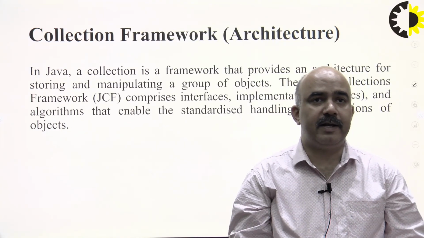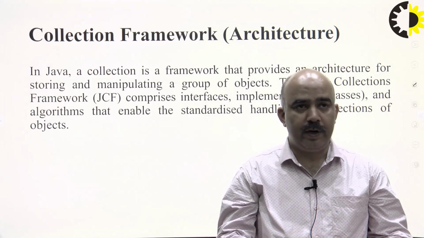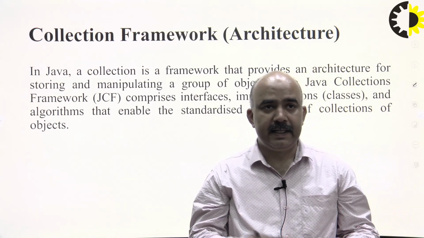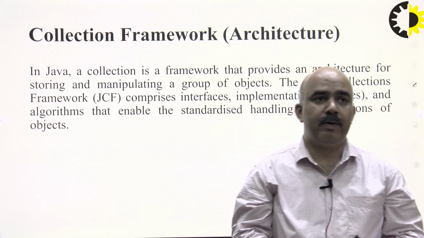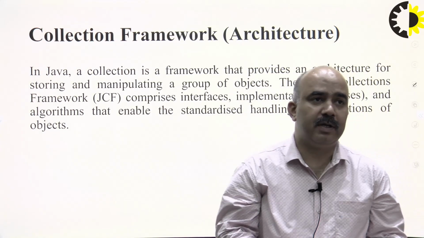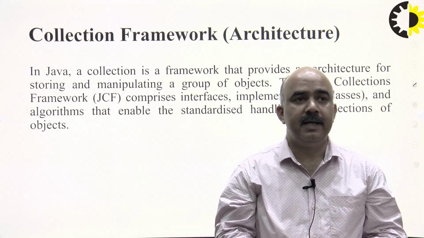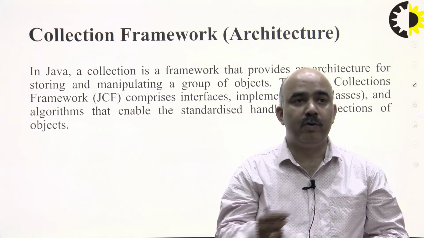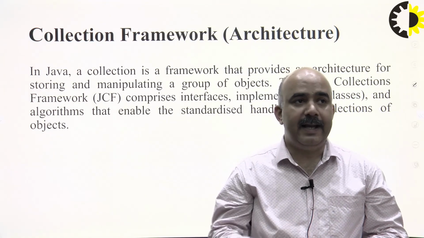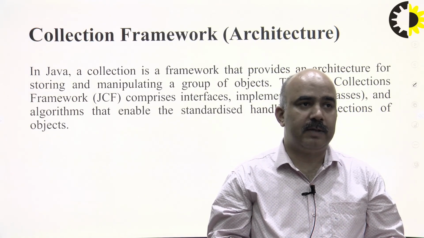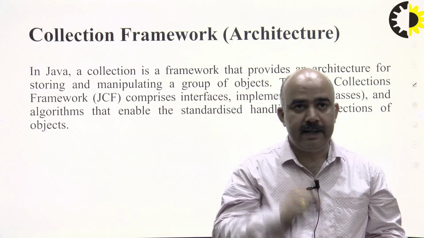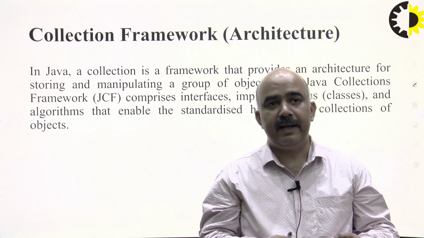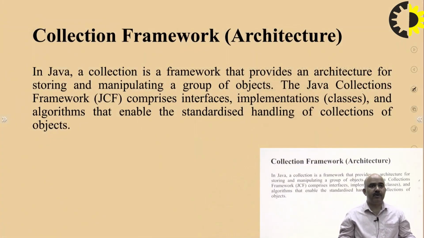which provides an architecture for storing and manipulating a group of objects. The Java collections framework basically comprises interfaces, and we have classes which implement those interfaces, and the algorithms that enable standardized handling of certain collections of objects.